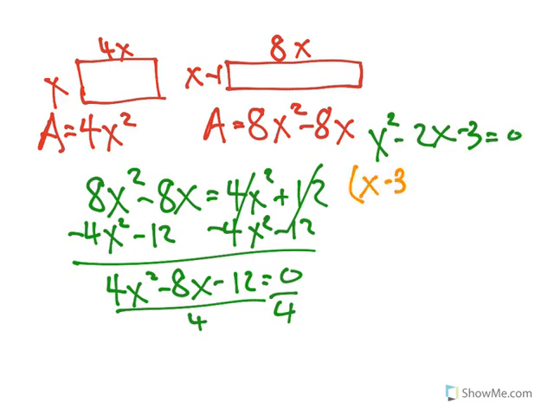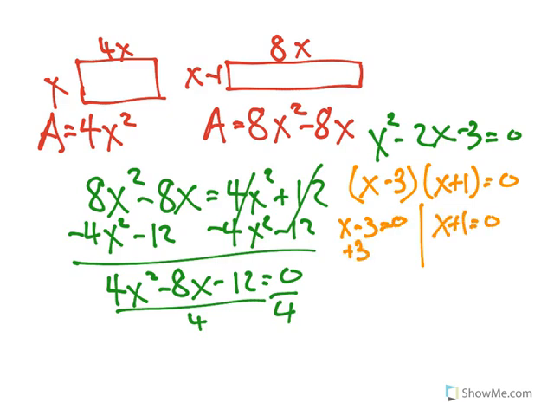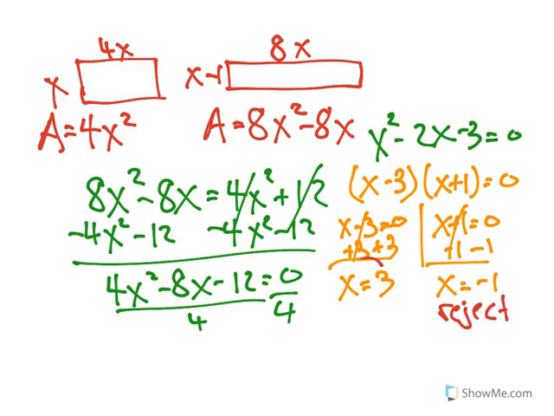So I'm looking at x minus 3 times x plus 1. So I've got x minus 3 equals 0 and x plus 1 equals 0, which should give me x is 3 and x is negative 1, which again we will reject as a negative value. It's what we call an extraneous solution, which means x is 3.